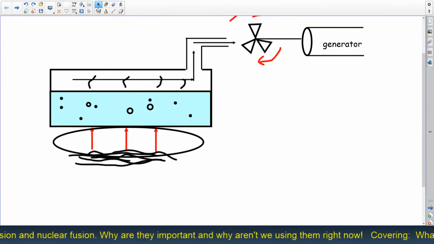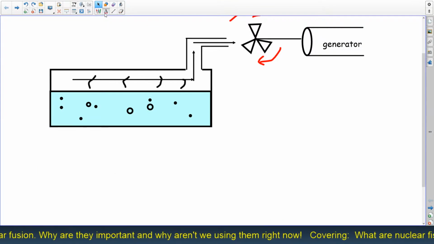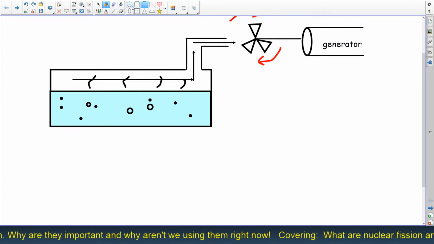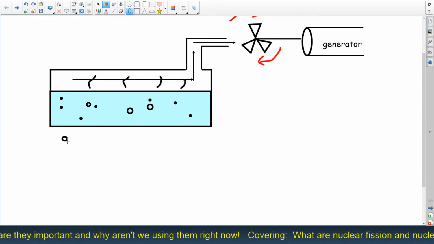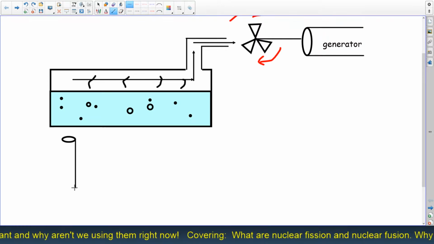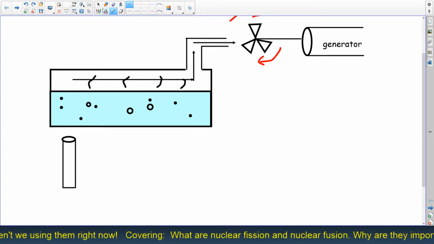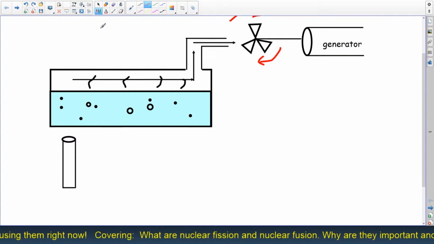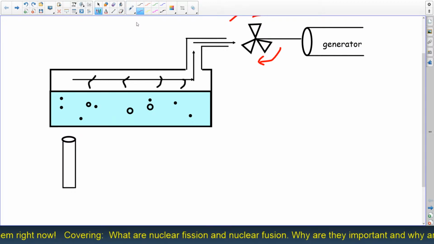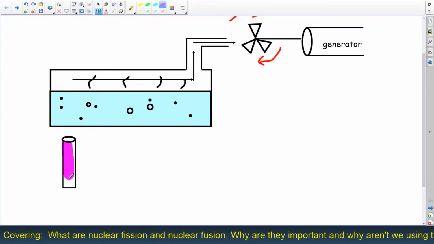Okay, so what does it look like? Well, remember, we're using something like uranium or plutonium or something like that, and they're metals. So what they are really is just cylinders, rods of metal. We call them fuel rods. And as the reaction gets underway, the rod gets warmer and warmer, and it gets hot.